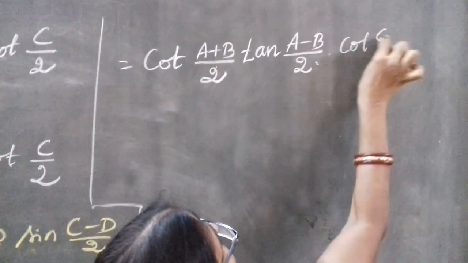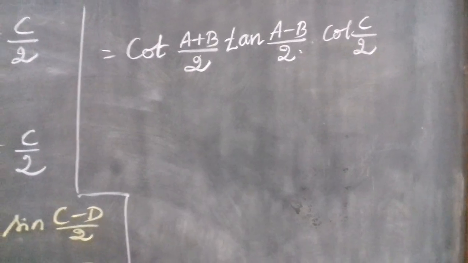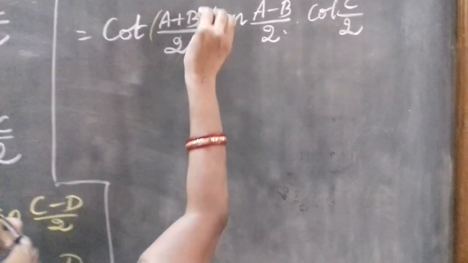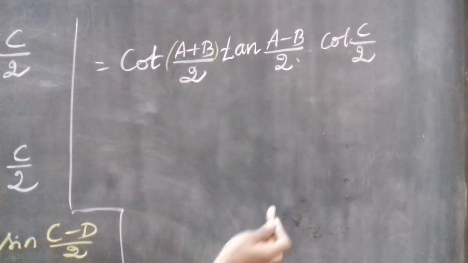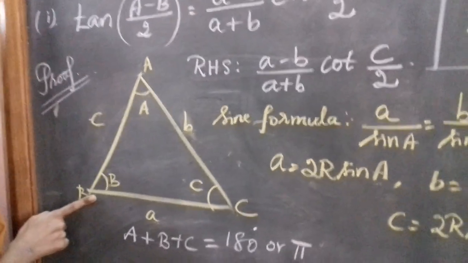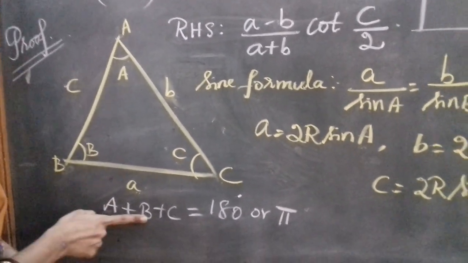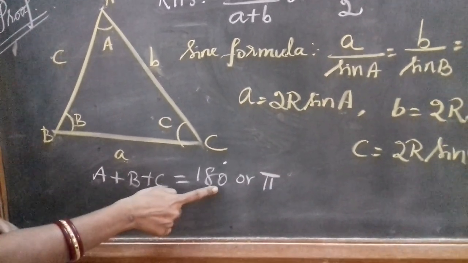Cot C by 2. Now here you see we have it in the form of A plus B. Now look at this diagram. Since this is a triangle, we have already said that angle A plus B plus C is equal to 180 degrees.